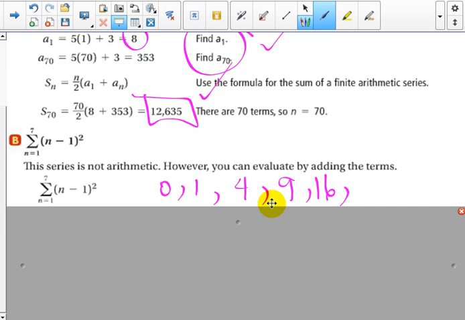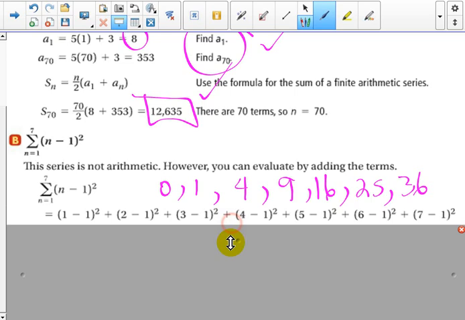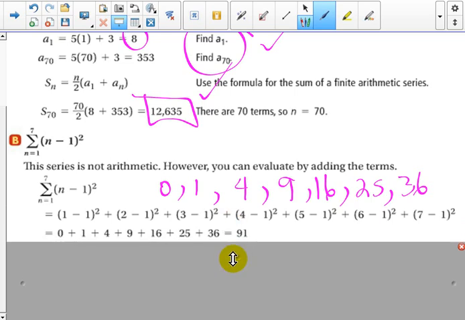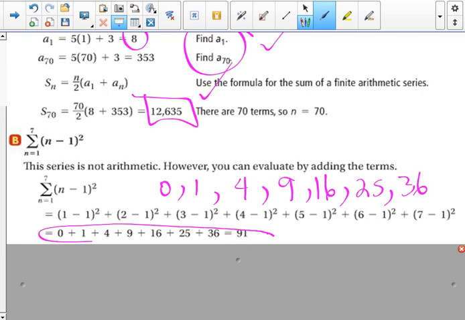Our sixth term is 6 minus 1 squared, which is 5 squared, 25. And our seventh term is 7 minus 1 squared, which is 6 squared, 36. So there we have 0, 1, 4, 9, 16, 25, 36. That's 7 terms. When you add all of these up, you get 91.